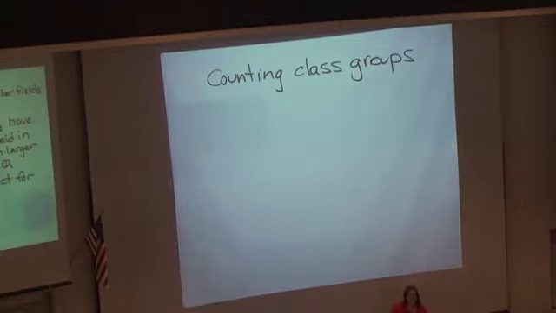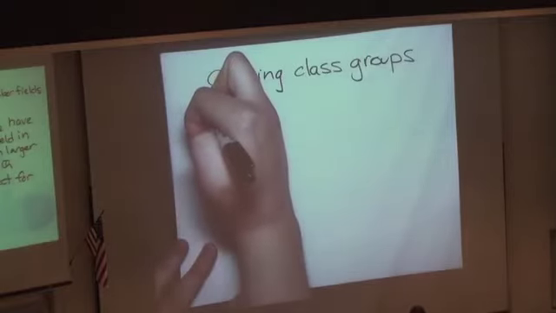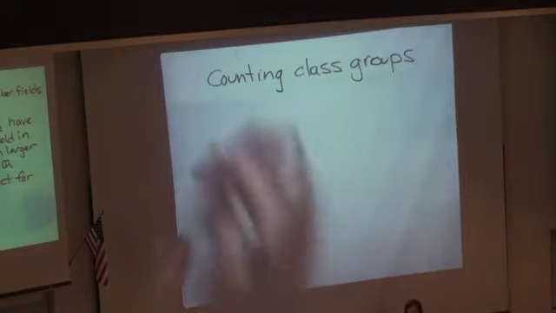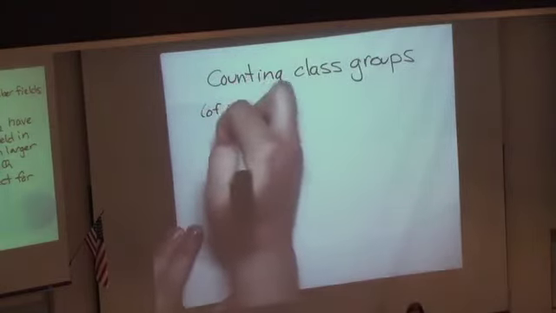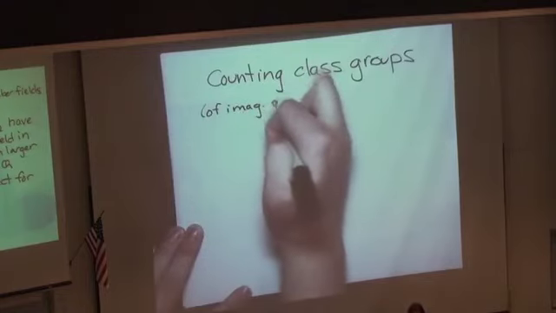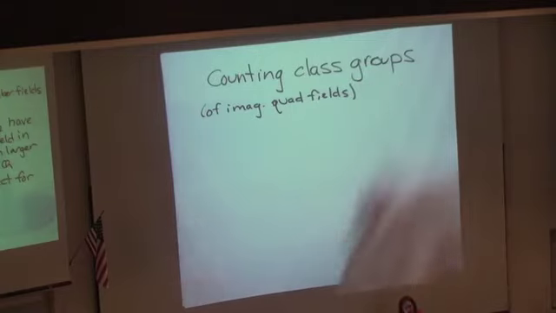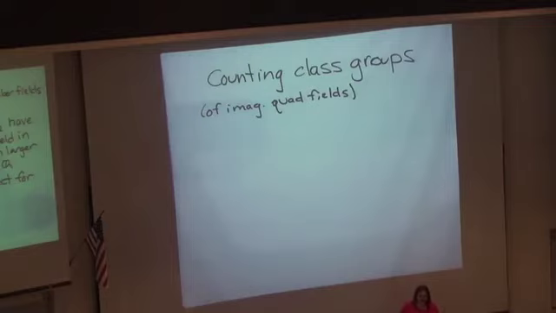Already we saw examples of this as well in Jordan's talk. So here, I'll maybe just start with a more precise question. Here, I'm going to think about counting class groups of imaginary quadratic fields. Even the right question to ask gets more complicated if you ask it for other kinds of fields.